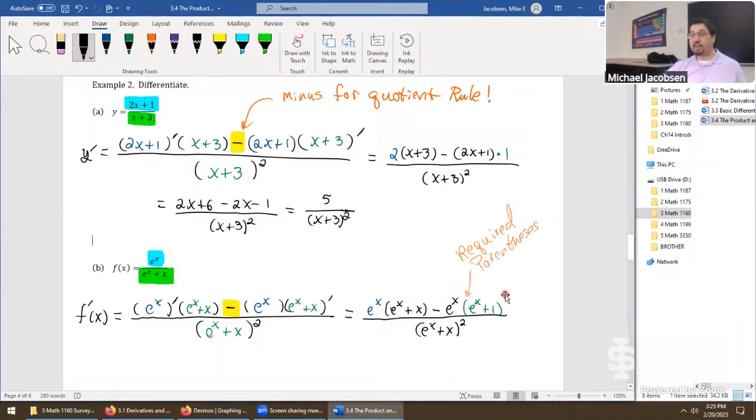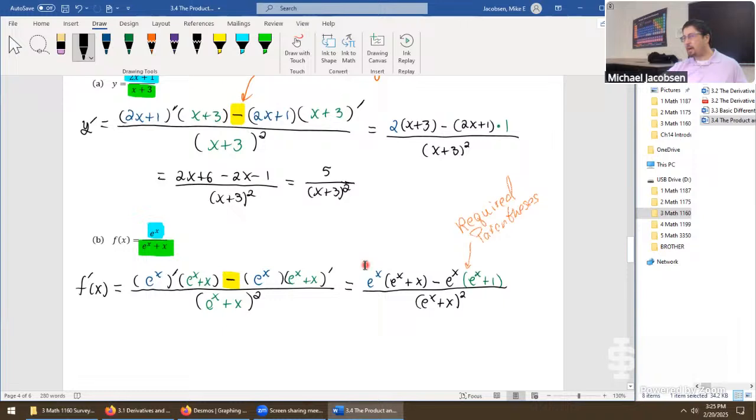If we decide to simplify this thing, there's a couple approaches. Distribute e to the x into the groups, or factor e to the x out of the group. If you left it in this form right here, again, I wouldn't be too picky about that. But one of the things we're going for in the next chapter is solving f prime of x equals 0. The reason we're so concerned about solving that is because the derivative is the slope of the tangent line.